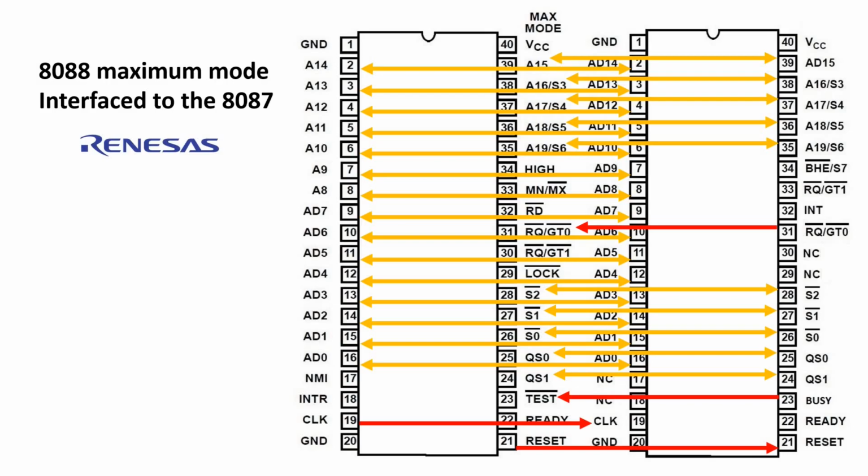Arguably maximum mode is a little bit more complicated than minimum mode, although the two modes are subtly similar, and it took me a while to figure out why, but I think that's the reason. Having the option of a maths coprocessor would make sense in a business machine, and so if you're going to implement a system using the 8087, you must put the processor in maximum mode. Min/max needs to be grounded.